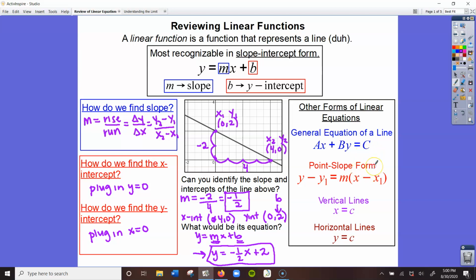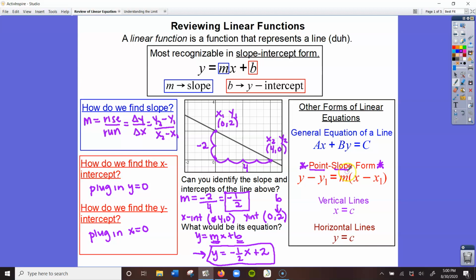Now, typically, we are not going to leave our answers as a general equation, but we will see it, so I put it here. Now, point-slope form we will be using pretty often, and it's actually a stepping stone to get from whatever information is given to us into slope-intercept form. Now, point-slope form, we're going to need, guess what, the point and the slope. The names of these forms actually tell you what you need in order to use it.